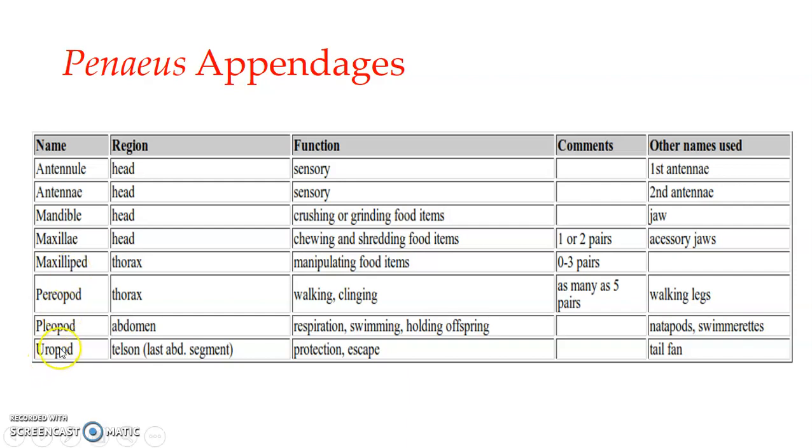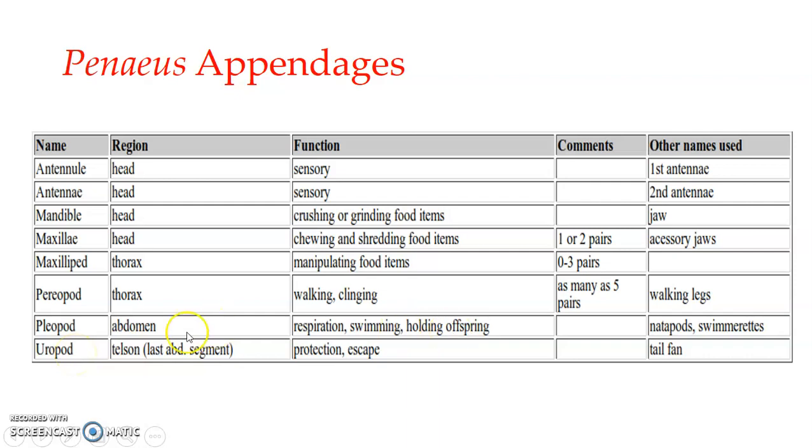Then coming to the abdominal region. The abdominal region has the pleopods, which are swimmerets or swimming legs, and the uropod on the last abdominal segment. So altogether you can see that there are 6 abdominal segments. The first 5 segments have pleopods and the last, the 6th segment, has the uropod.